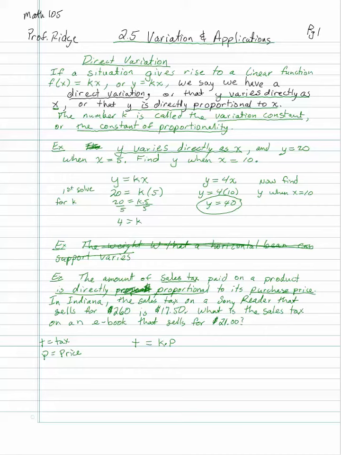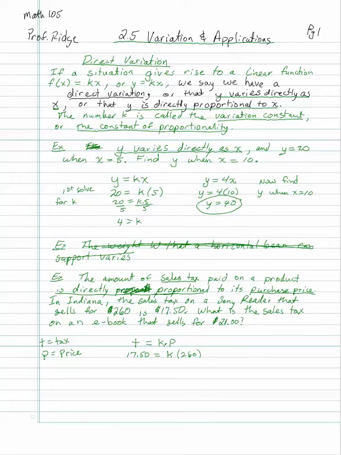Alright, so we know that the sales tax is $17.50. So again, there's two parts. You got to figure out k first. So k in this case would actually be your sales tax rate, but we can think of it in terms of a direct proportion problem. So $17.50 equals k times the purchase price, which is $260.